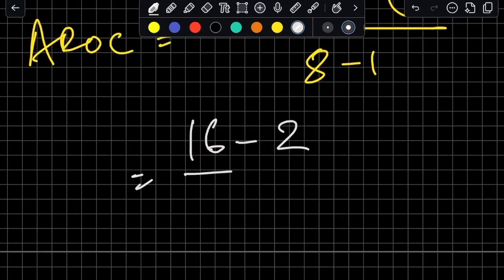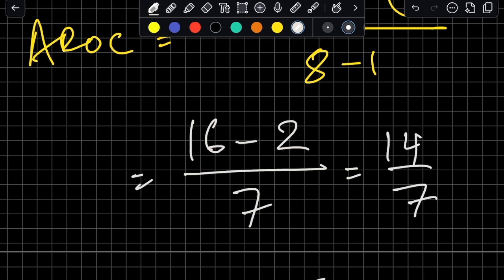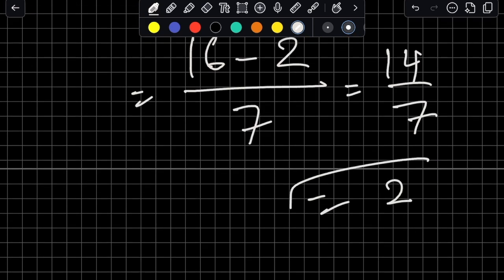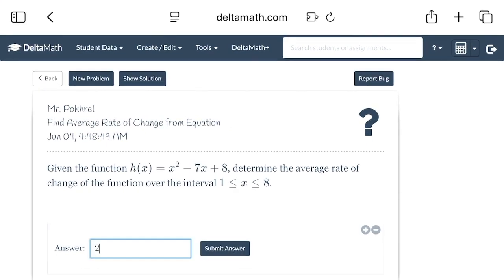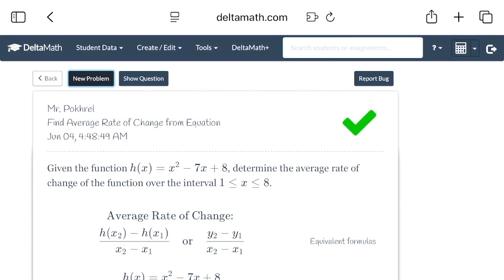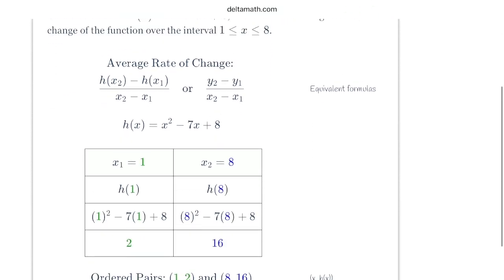So 2 over 8 minus 1 is 7. So that is 16 minus 2 is 14 over 7, which is 2. So let's see if 2 is the correct answer. Let's put 2 and submit. Okay, so that is how you calculate.